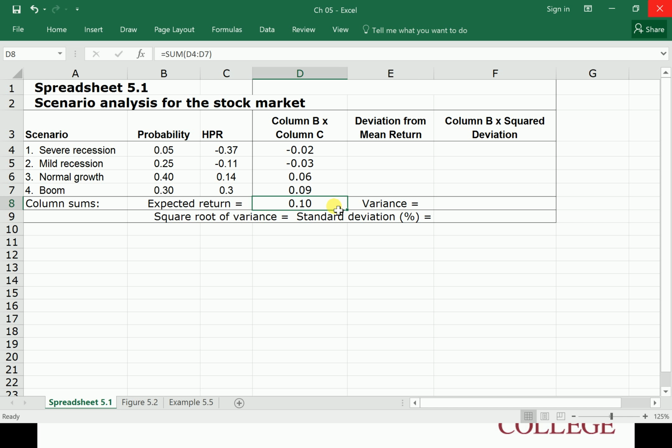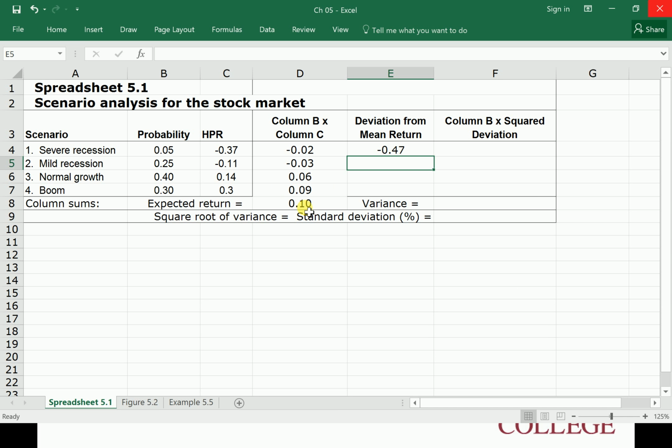Okay, 10%. Now, let's find the deviation from the mean return. So this is the mean return, so average. If this distance is far, then you're more volatile, right? So this is the deviation when severe recession, negative 37% minus the expected return. Same way, mild recession minus expected return, normal minus expected return, and boom HPR minus expected return.